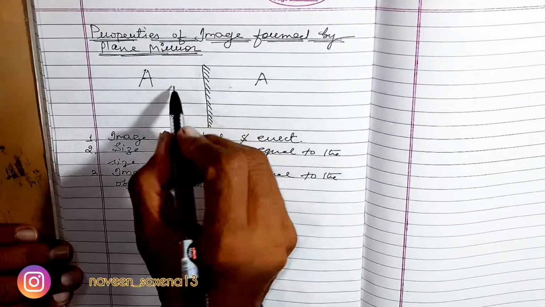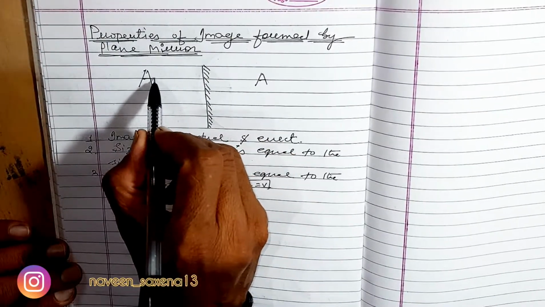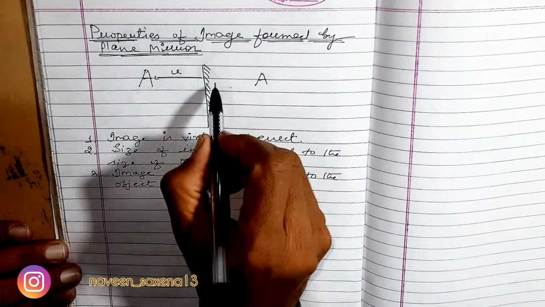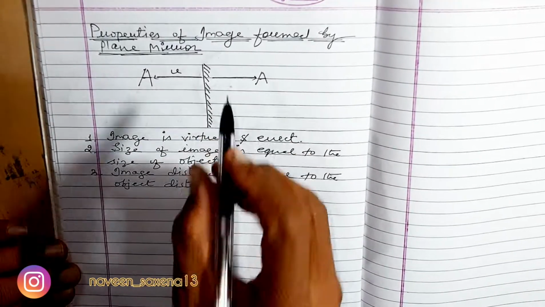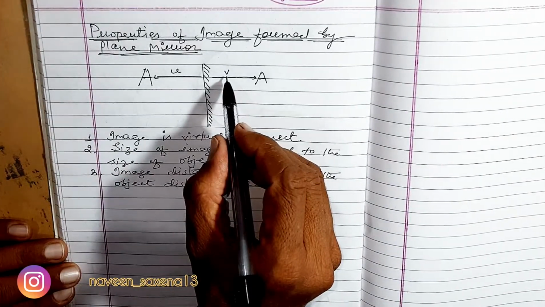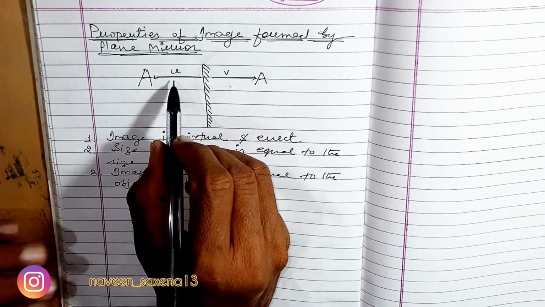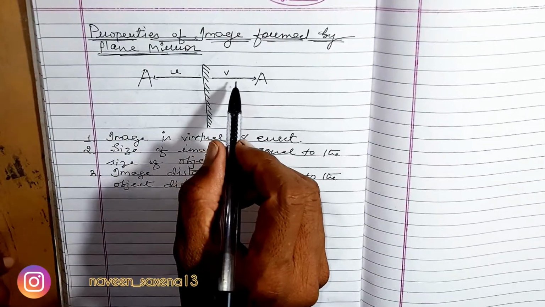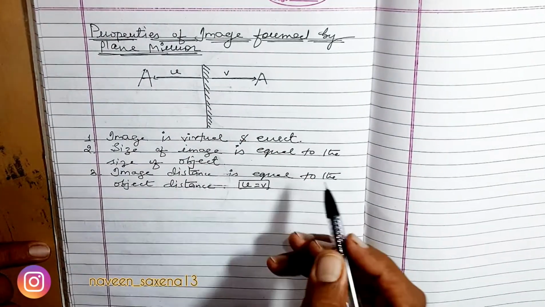When you place an object in front of the plane mirror, this distance is u. And the image formed behind the mirror, this distance is known as v, image distance. Both distances u and v, means object distance and image distance, are equal to each other. So the size of image is equal to the size of object.